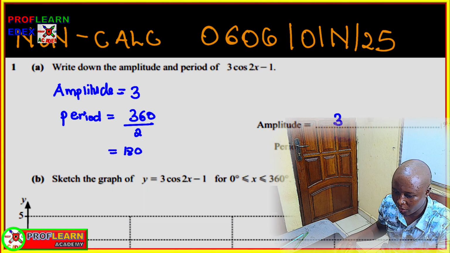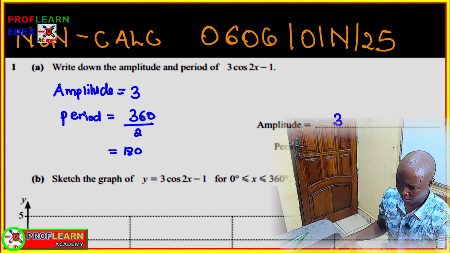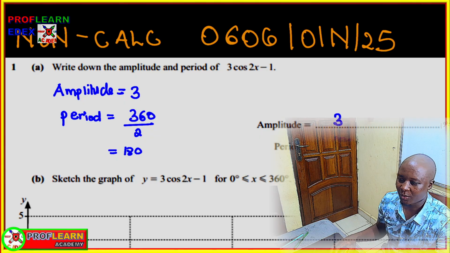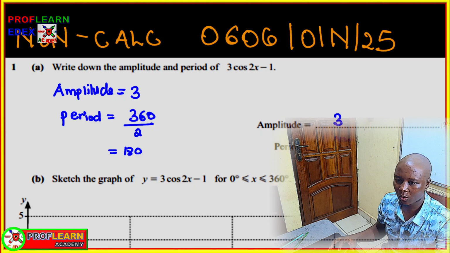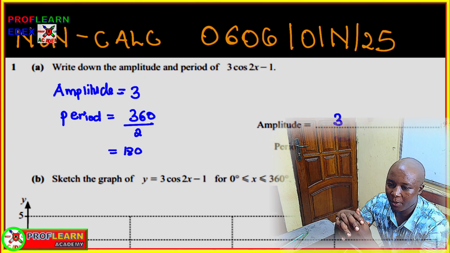In this video, we're going to discuss different questions that were tested in non-calc 0606 paper one, October-November 2025. So we're going to look at different questions that were tested there. This is just a screenshot of some of the questions that are in the original paper.